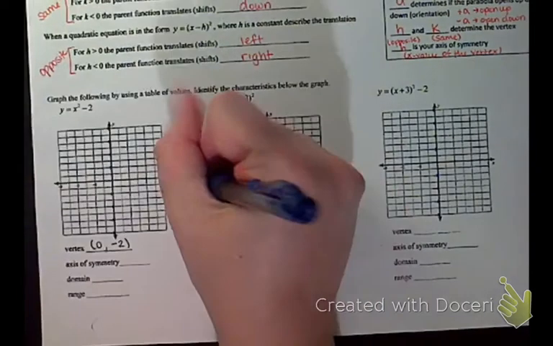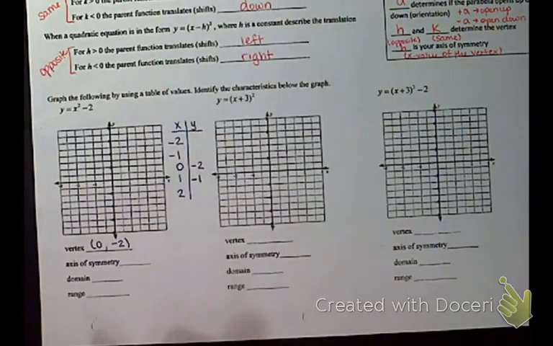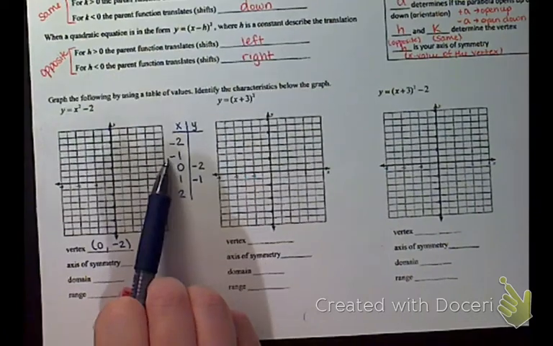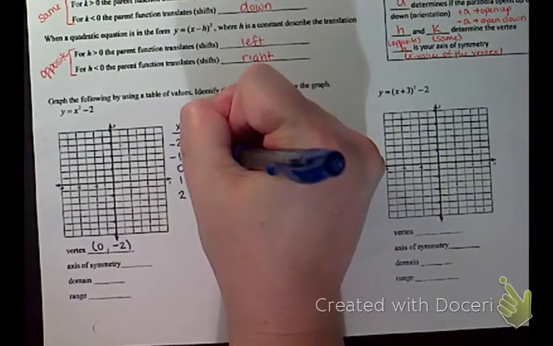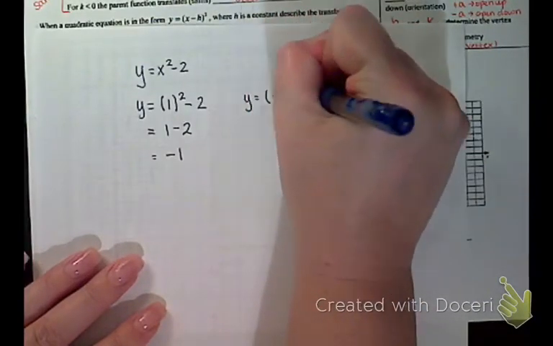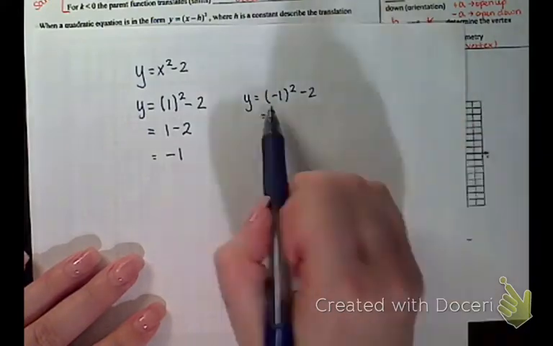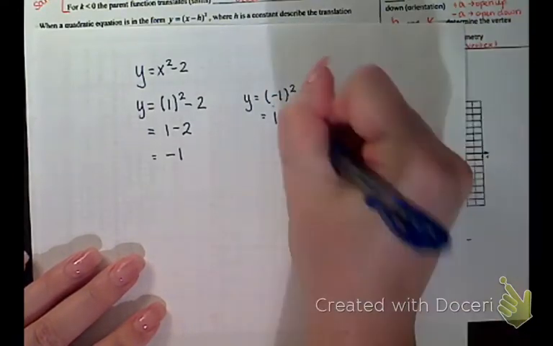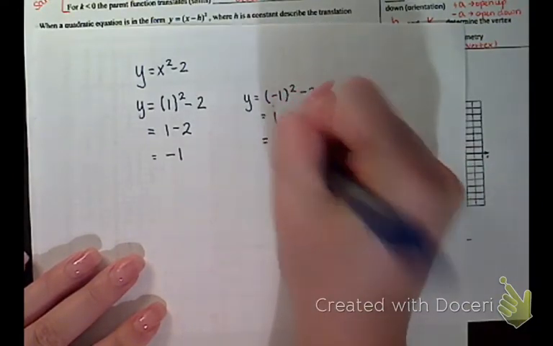So this value here is -1. Now, because of symmetry, this one should also be -1, but let's check. If I plug in -1, -1 squared is 1, minus 2 gives me -1.